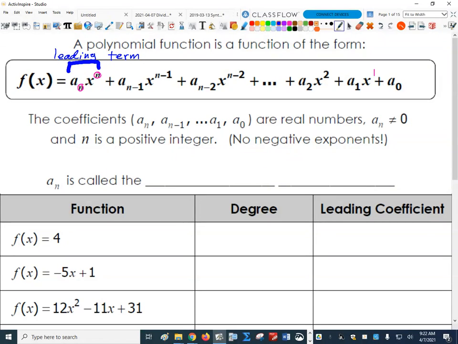Leading just means it's first. It's out in front of the pack. So what do you suppose the coefficient in that leading term is called? Any guesses? It's the leading coefficient, exactly.